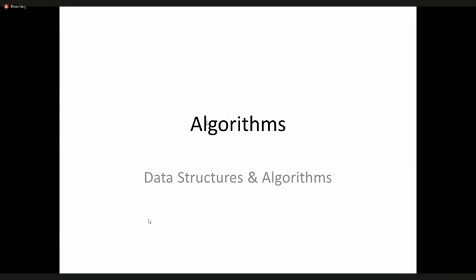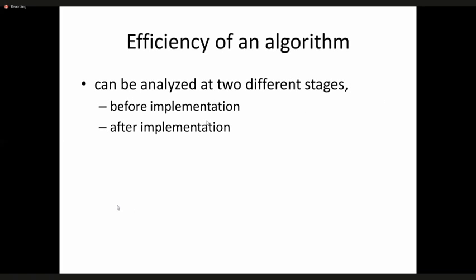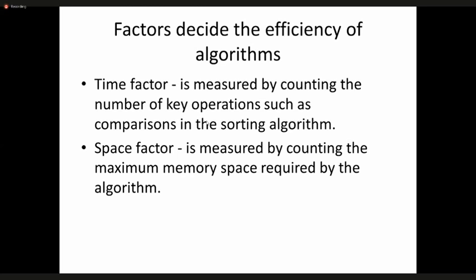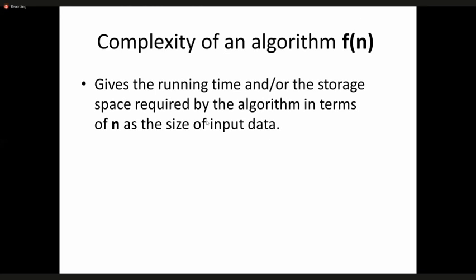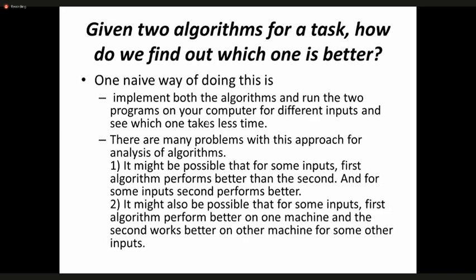have studied how to write algorithms, how to write the algorithms, then categorization of the algorithms, about the efficiency of an algorithm, these efficiency analysis methods, factors which will decide the efficiency of the algorithms, and how to select the best algorithm for a given task.